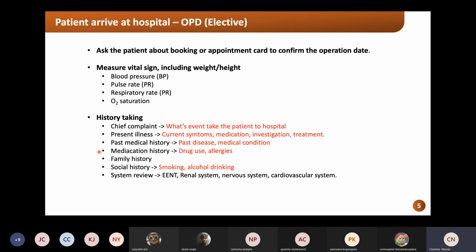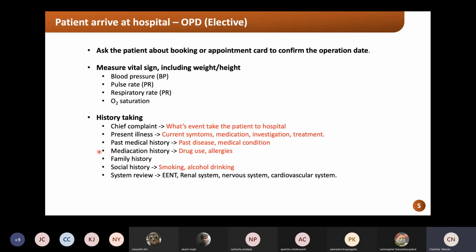And the fourth one is medication history. The medication history is also important, because when a patient comes for a procedure, like in the cath lab, where we need to insert the catheter into the patient, some drugs may need to be stopped in some patients.